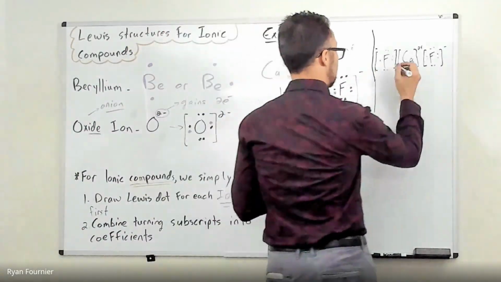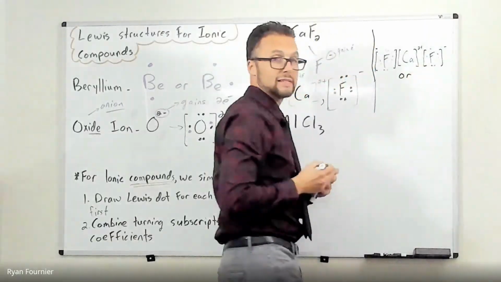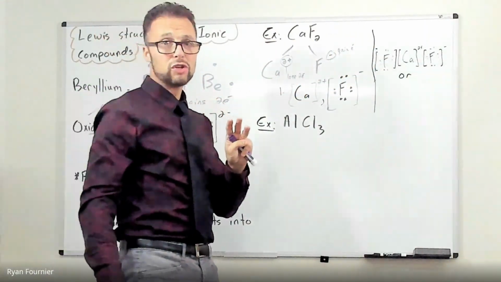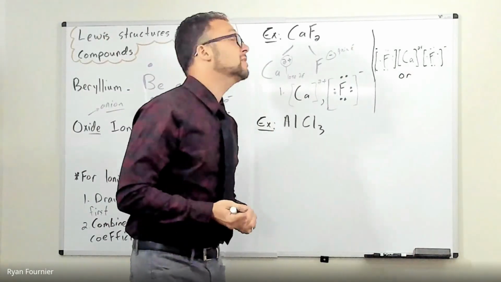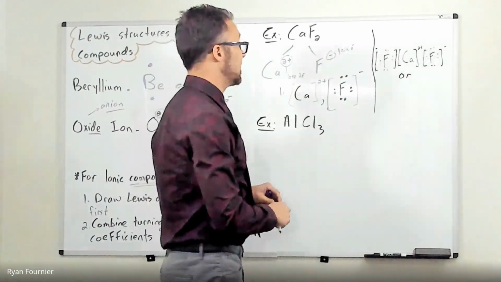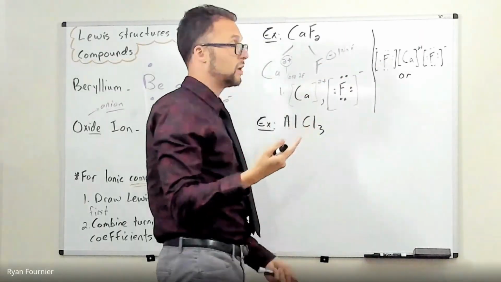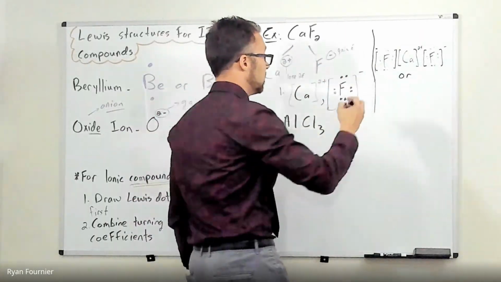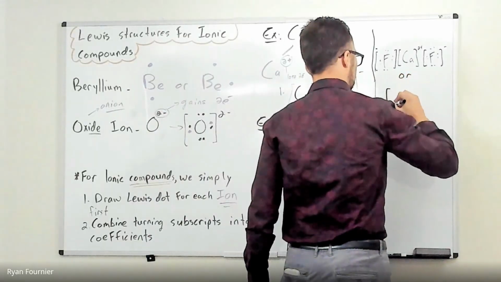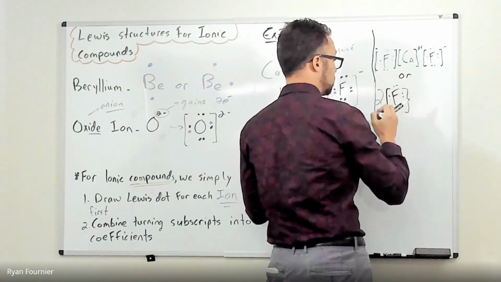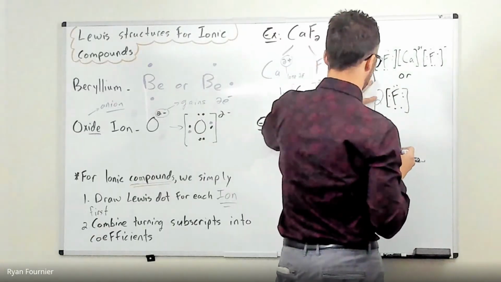Or sometimes what people do is this. I've actually seen this drawn 3 ways. I'm going to show you the most common ways. So some people take the ion that occurs more than once. In this case, that'd be the fluorine. They draw it first, and then they put a coefficient of 2 in front of it, indicating that there's 2 of them, right?